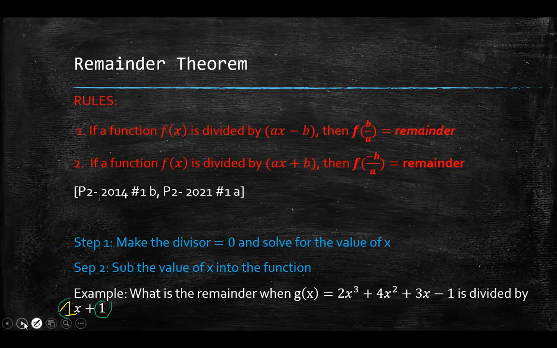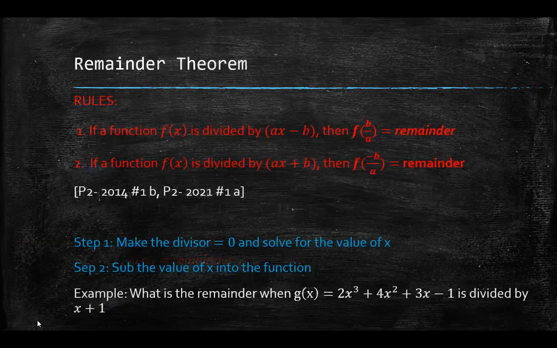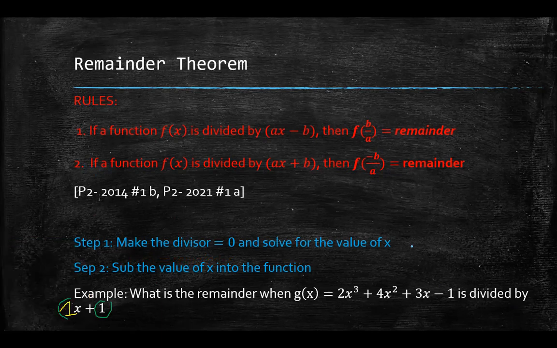So what does that mean? That means that my remainder is f of minus 1. Well, g of minus 1. According to my rule, if the divisor is in the form ax plus b, in this case it is in the form ax plus b, because my divisor is x plus 1.